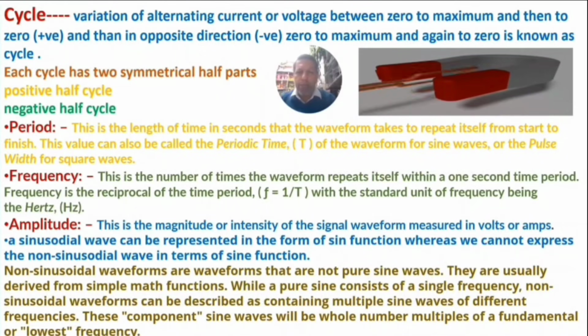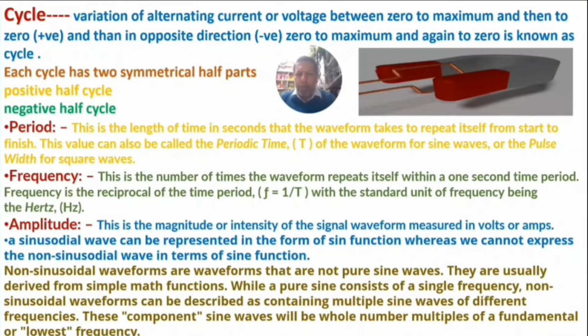The value can be called the periodic time of the waveform for sine waves, or the pulse width for square waves. Frequency: this is the number of times the waveform repeats itself within one second. Frequency is the reciprocal of time period, with the standard unit being the hertz. Amplitude: this is the magnitude of the intensity of the sine waveform, measured in volts or amperes.